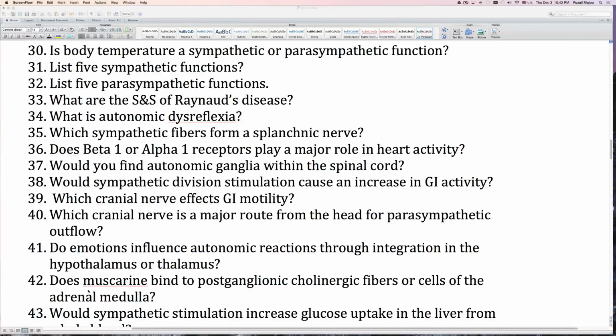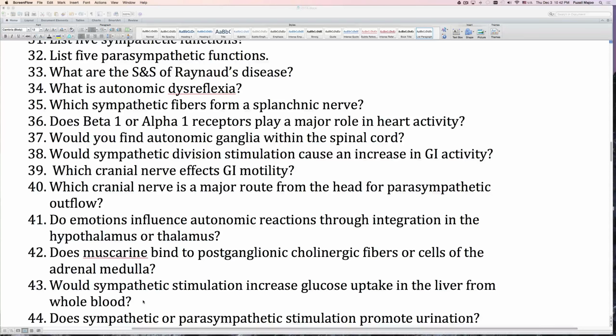Number 42. Does muscarine bind to postganglionic cholinergic fibers or cells of the adrenal medulla? Would sympathetic stimulation increase glucose uptake in the liver from whole blood?